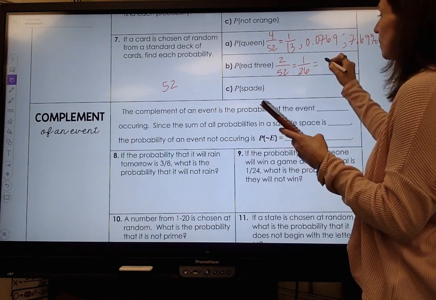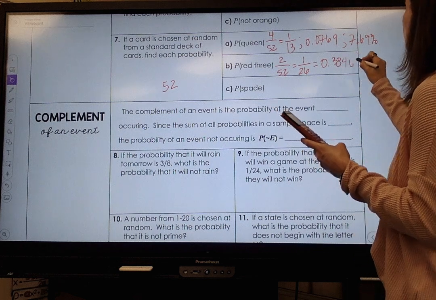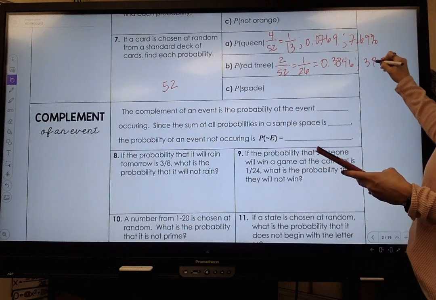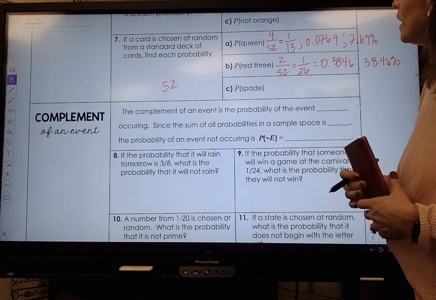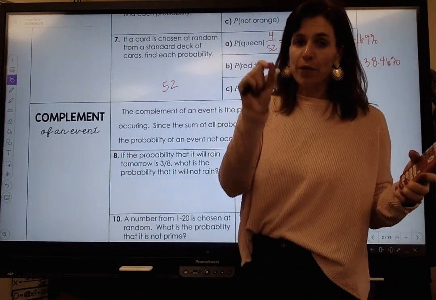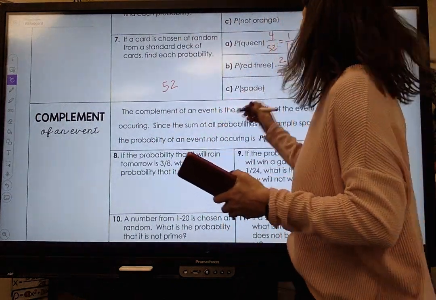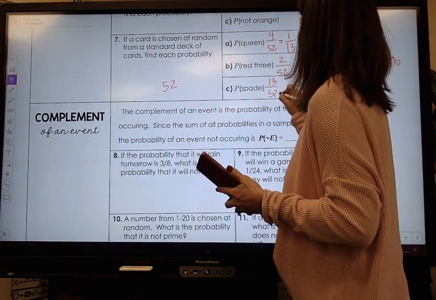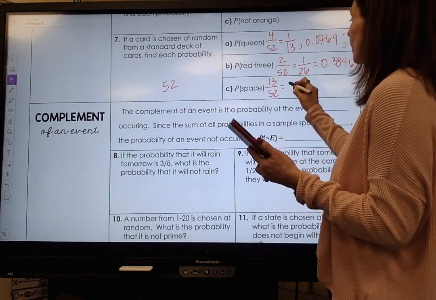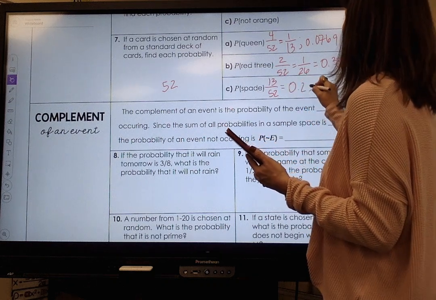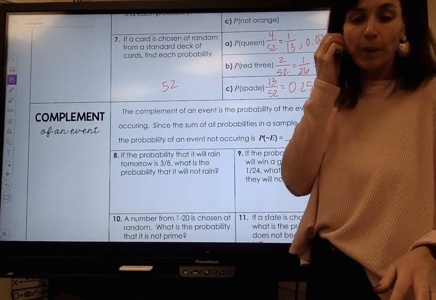That gives me 0.3846, which then becomes 38.46%. And then a spade: there are 13 cards of each suit, so there are 13 spades out of 52. 13 divided by 52 gives me 0.25, which gives me 25%. Okay, so that's your simple probability.